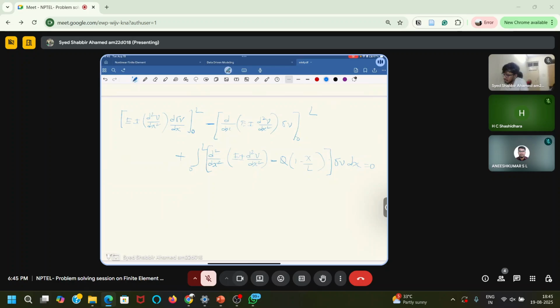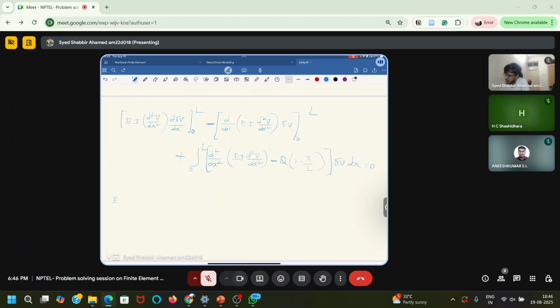Now I will apply this integration limits. This and this I will apply at x equals L and at x equals 0, and we will see what we can do about it.